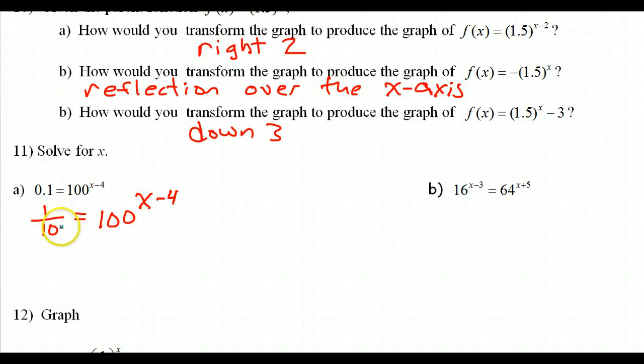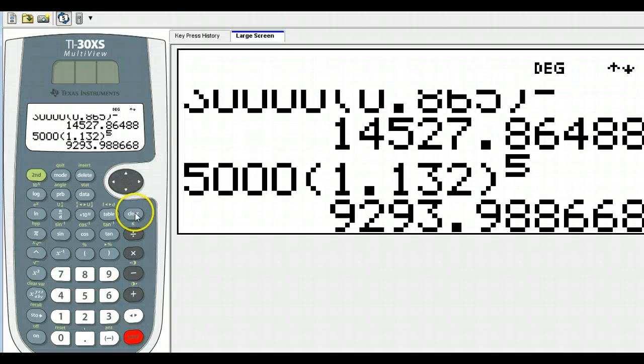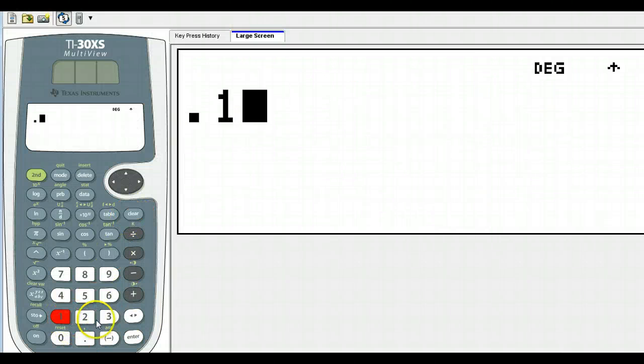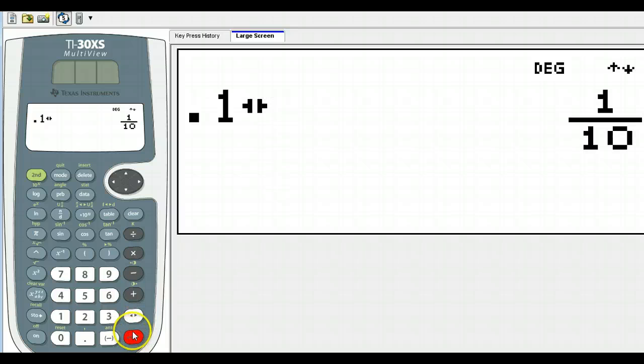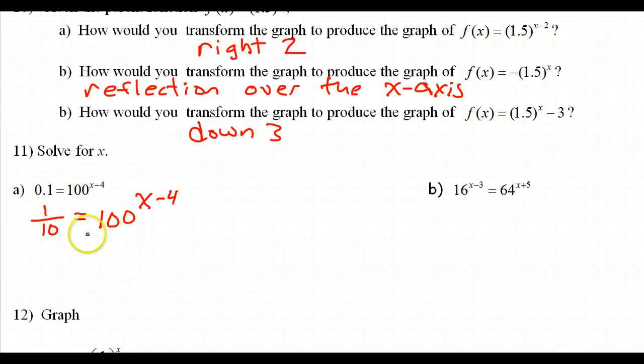If for some reason you see a decimal that you don't know the fraction for, you can put it in your calculator. If you put 0.1 in your calculator and hit the toggle button, it will give you the fraction. Now we need these bases to be the same though.